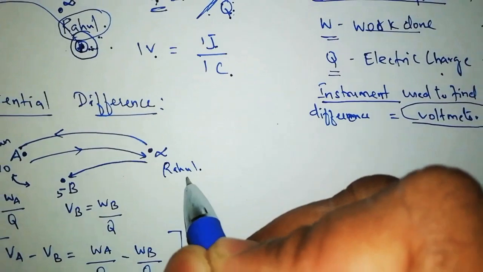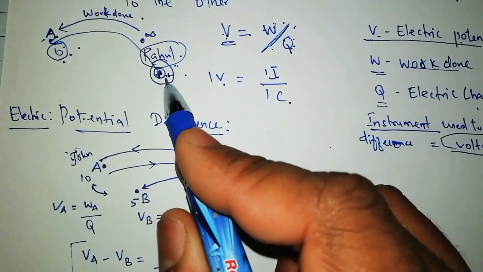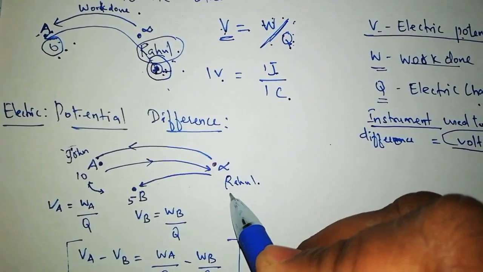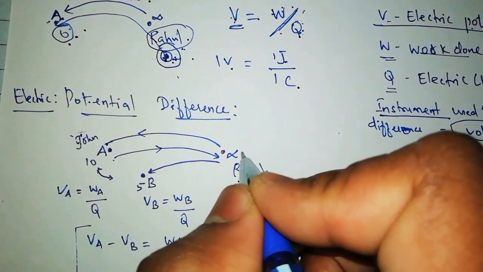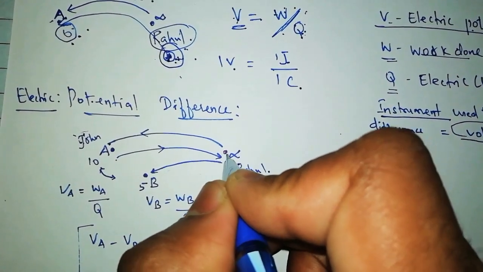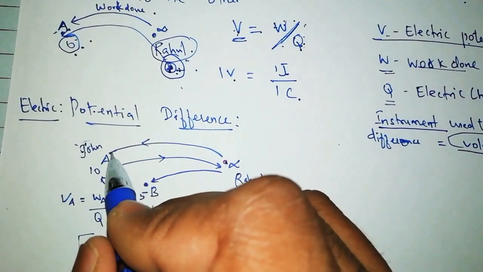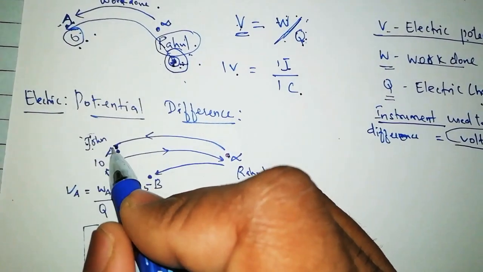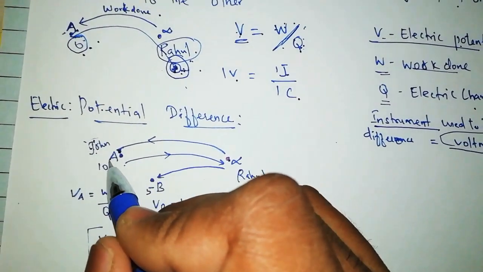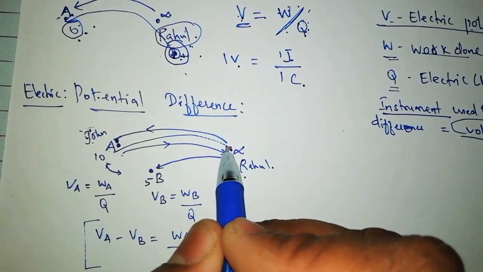Rahul is bringing a unit charge from infinity to a point A, right? After he brings it, John kicks that charge, throwing it back to infinity.